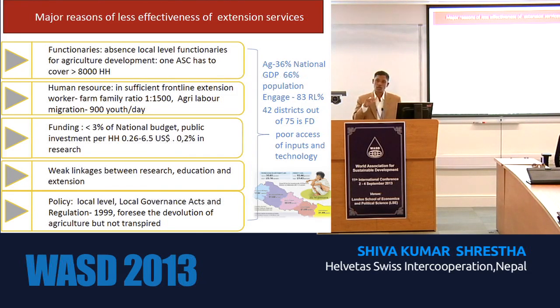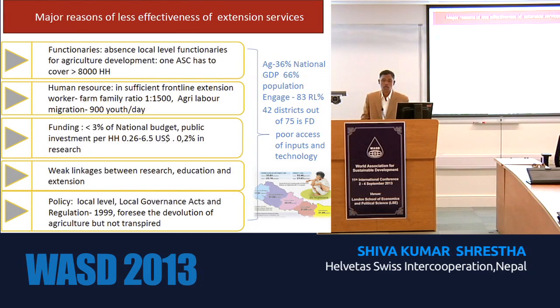And at the local level, agriculture extension is delivered by agriculture service centers, where one center should cover more than 8,000 households. Many of you know the geographical location of Nepal from Tarai to High Hill, and you can easily imagine how accessible the agriculture extension is.